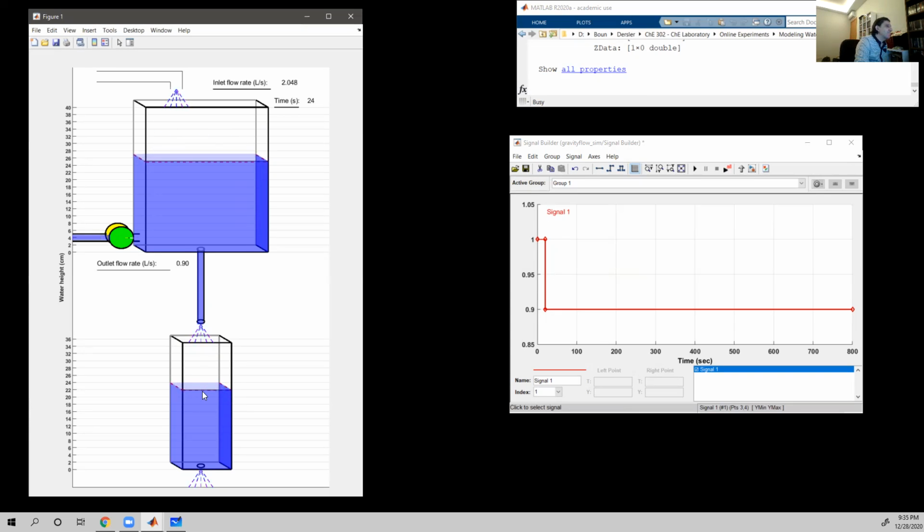As we can see, the water level seems to be rising a little bit, because we are at time 30 and the outflow has dropped down to 0.9. Yes, this one is increasing. Therefore, this is going to increase also in a couple of seconds, I guess.